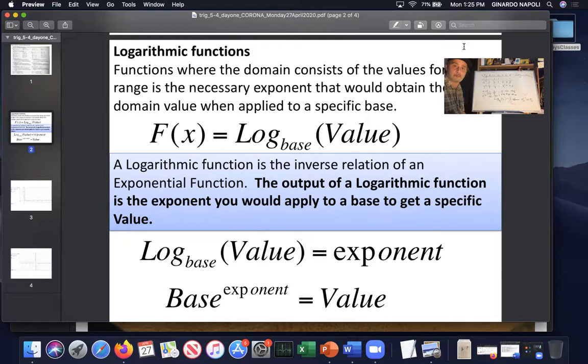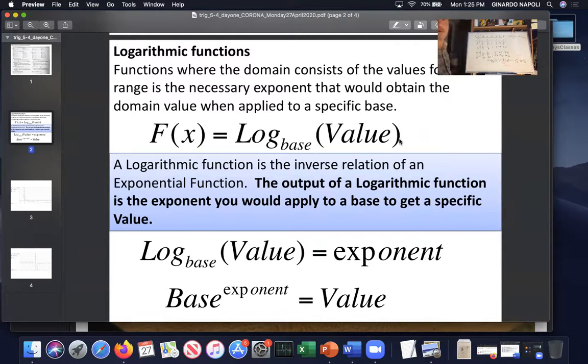Okay, so a logarithmic function is going to get you the exponent that you need to represent a certain value depending on the base. You get the exponent as the output of the logarithmic function, and if you apply that exponent to the base, you get the value.